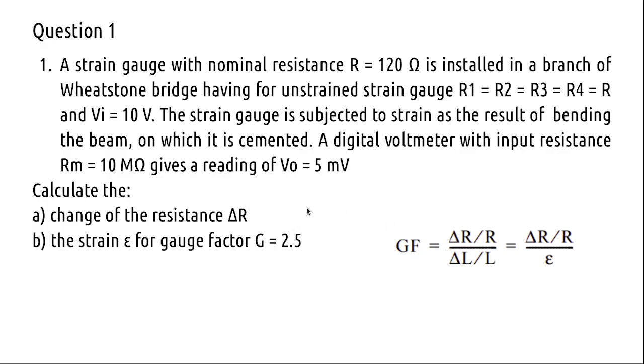You load the bridge. So you are having a DVM with a high input impedance, which means you are not going to load the Wheatstone bridge. So draw the figure first. Draw the bridge.